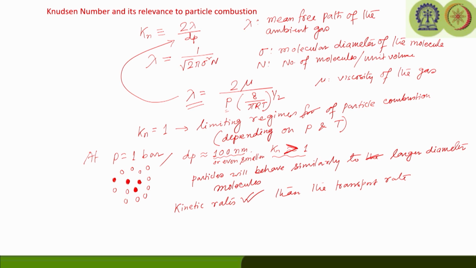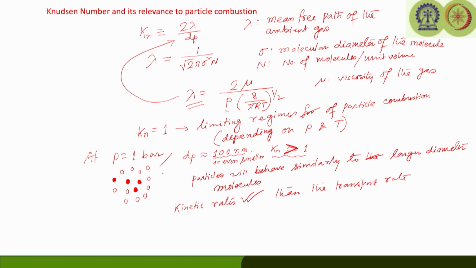There is a non uniformity within the particles, but between the particles and the surroundings, it is almost going to be non existent. So, we can say the kinetic rate will be more influential compared to the transport rate of reaction or even energy.